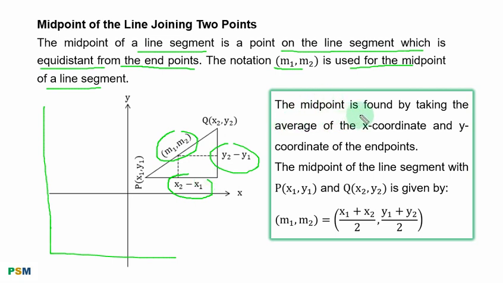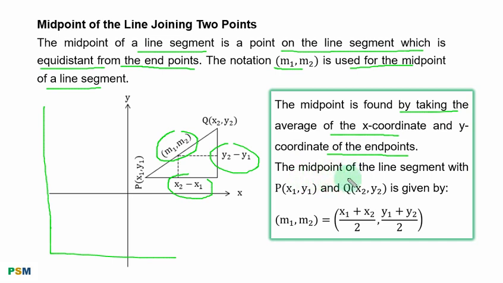The midpoint is found by taking the average of the X coordinates. The X coordinate has 2 points, X1, X2. So the average means X1 plus X2 divided by 2. And the average of the Y coordinate of the 2 end points.